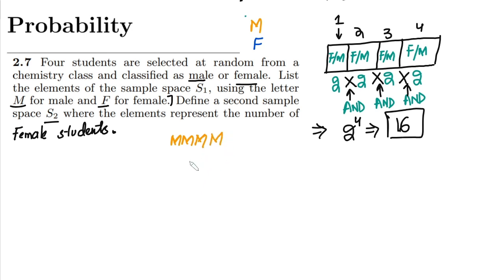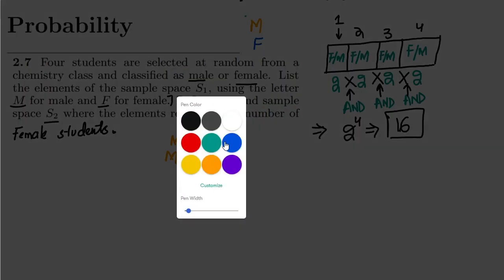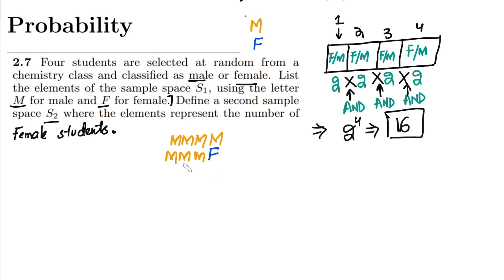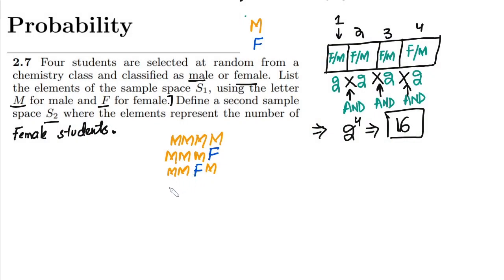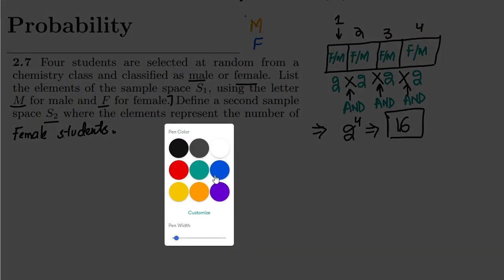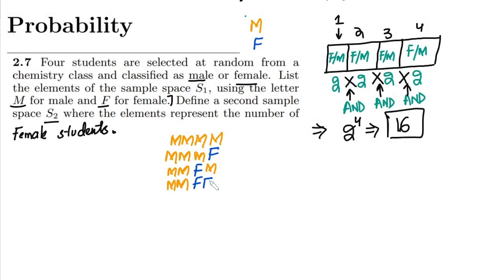Then in the second one, let me have male, male, male, and the last one female. Then male, male, and here at this option female, and here male. Similarly, in the fourth one I will have male, male, and here female and female. It can also be an option here as well.